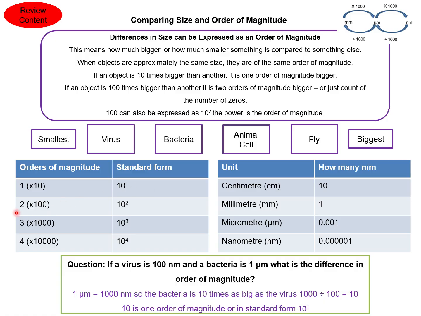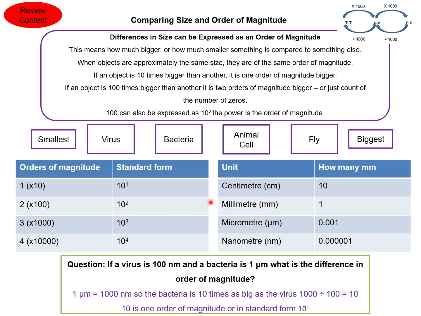So 2 orders of magnitude also means times 100, so 100 times bigger, which in standard form, or the version which involves the power, would be 10 to the power 2, or 10 squared. So that 2 is the order of magnitude. And then again, 3 orders of magnitude is 1,000 times bigger, which is 10 to the 3. And 4 orders of magnitude is 10,000 times bigger, which is 10 to the power 4.